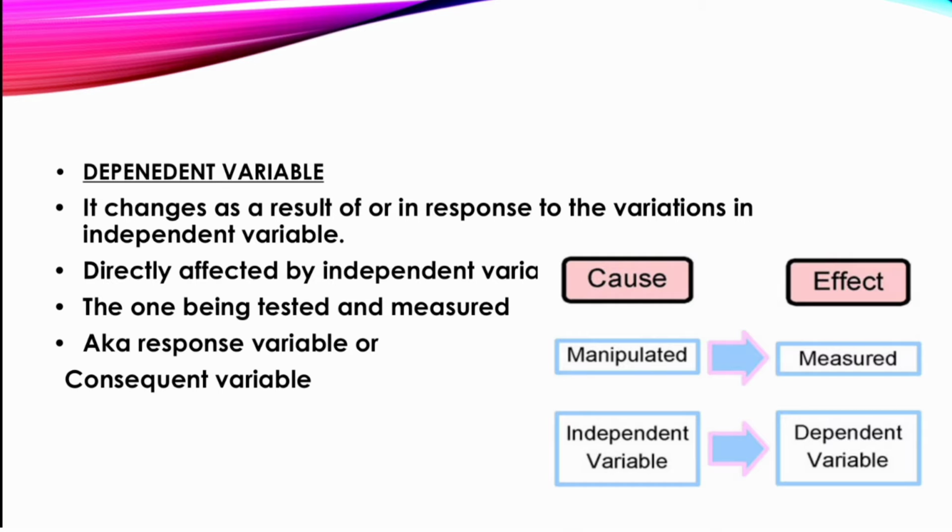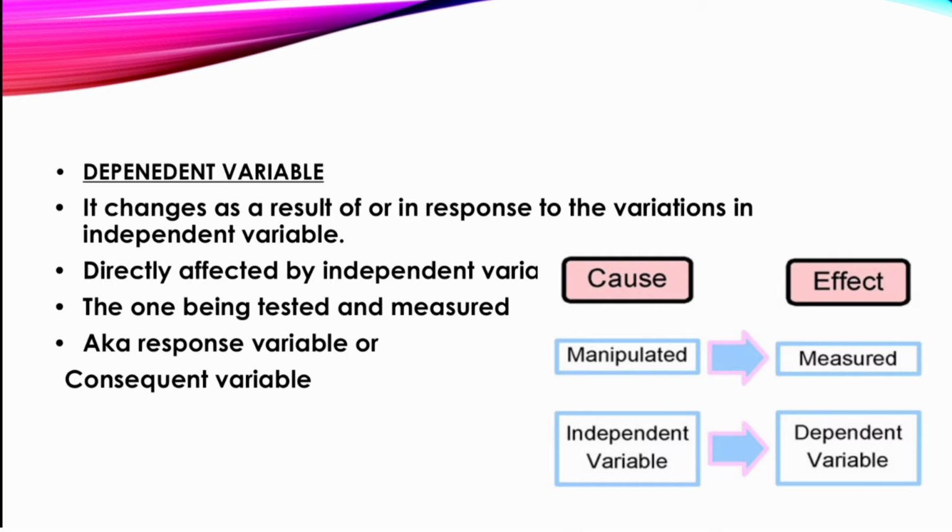That is, the independent variables have a direct effect on the dependent variable. It is the one being tested and measured, which means the researcher is actually measuring the dependent variable. The independent variable is only a tool of manipulation for him to measure the dependent variable. And that is why the dependent variable is also known as the response variable or consequent variable.